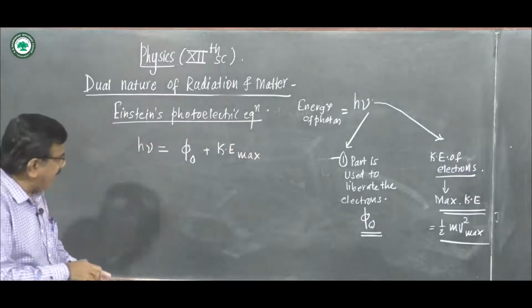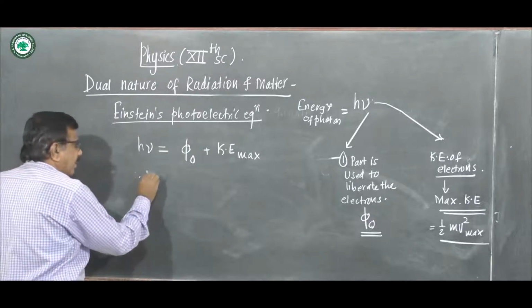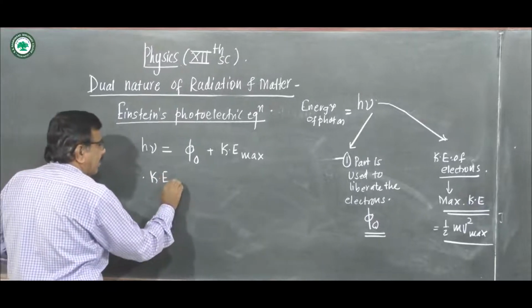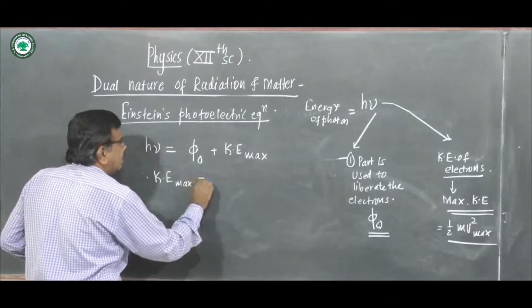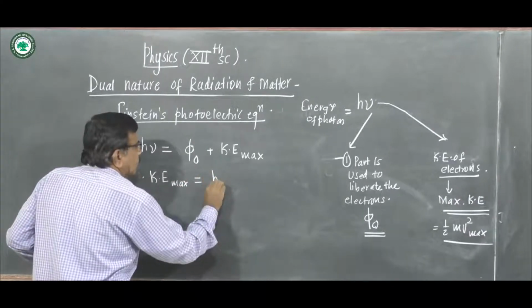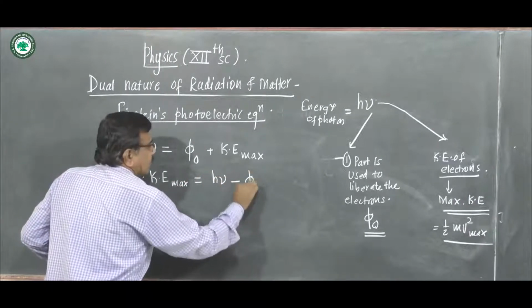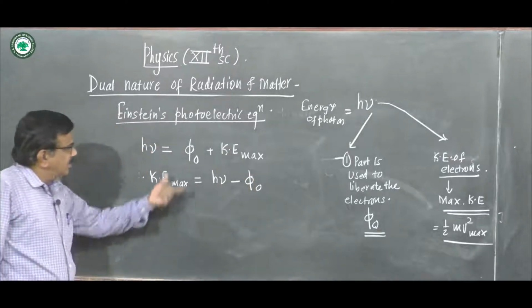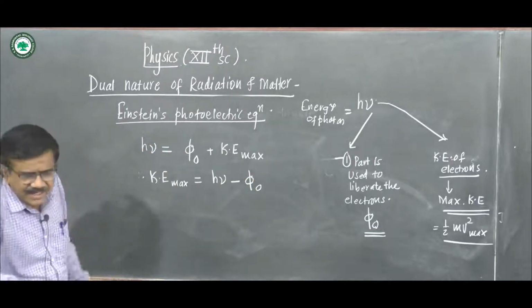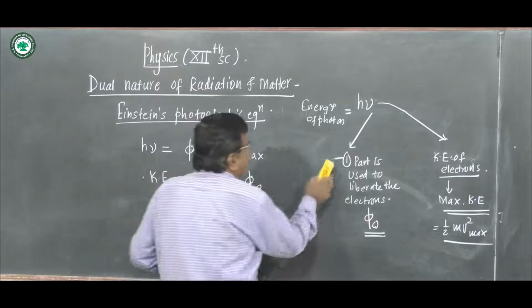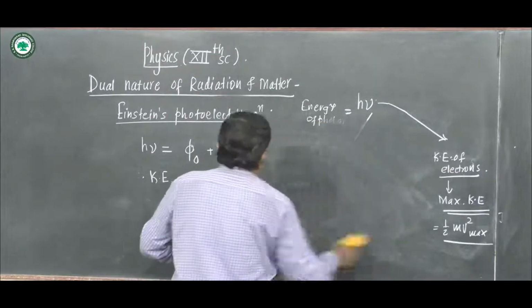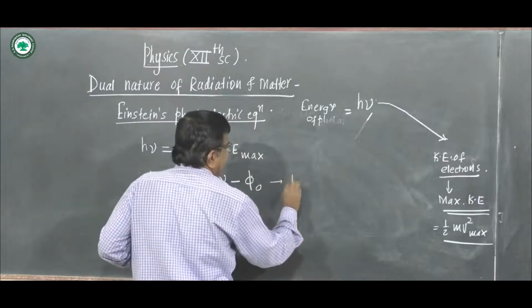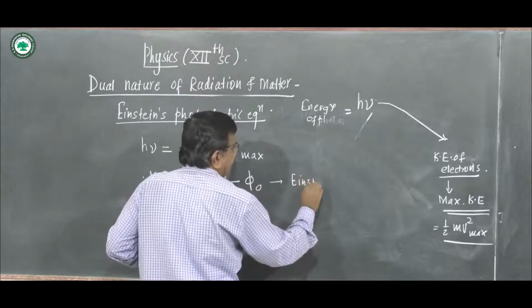Hence KE max, kinetic energy maximum, is equal to h nu minus phi 0. This equation is Einstein's photoelectric equation.